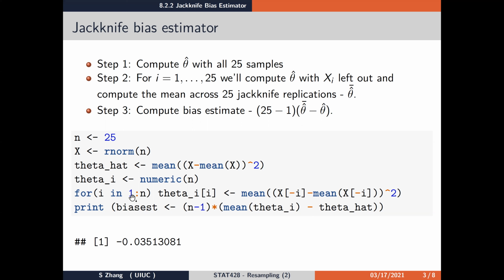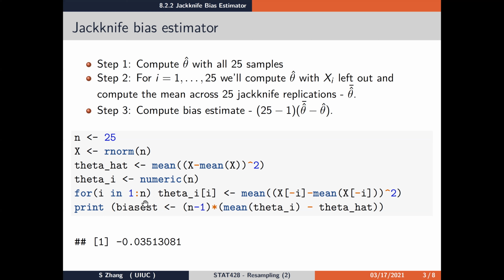For i between 1 and n, the ith entry of theta hat i will be given by the MLE computed with the ith observation left out of x. So x, excluding the ith observation, can be obtained in R by doing x bracket negative i. This tells R that you are going to exclude the ith entry of a vector or a matrix from your subsequent operations.